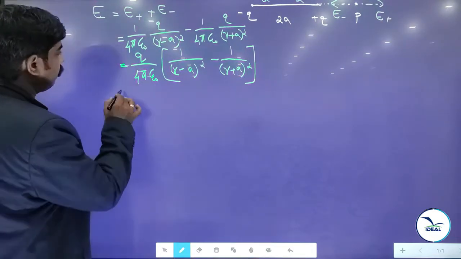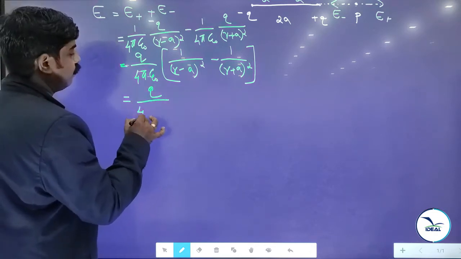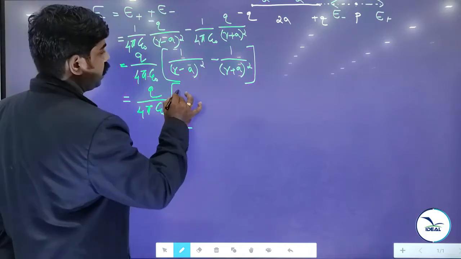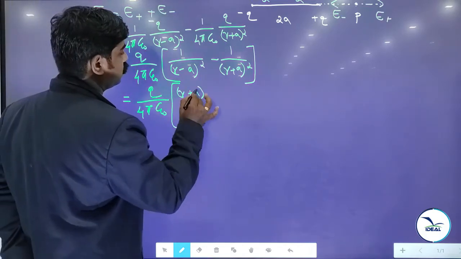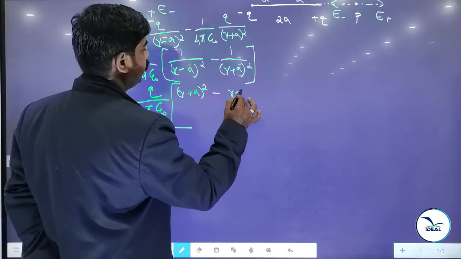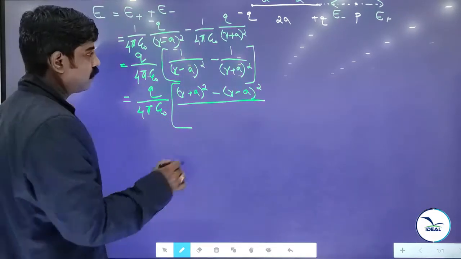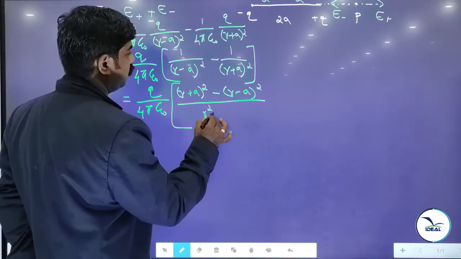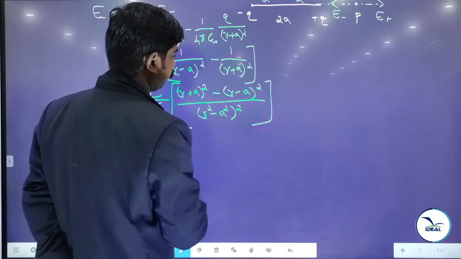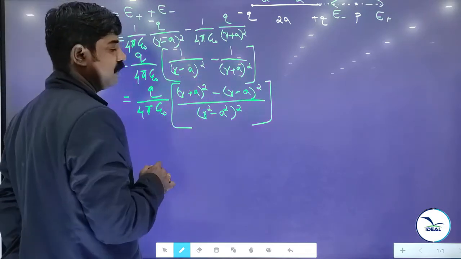That is equal to q by 4 pi epsilon 0 into (r plus a) the whole square minus (r minus a) the whole square divided by (r square minus a square) the whole square. That is, r minus a into r plus a is r square minus a square.